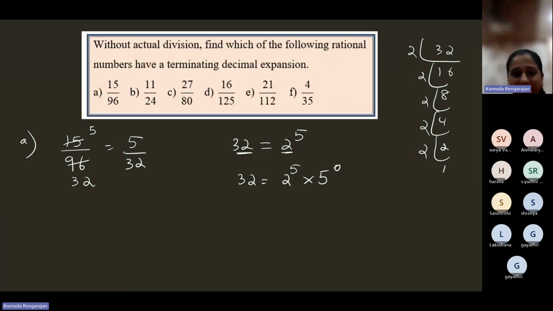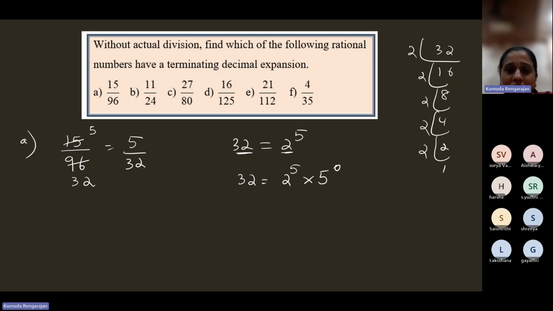I am just showing the presence of 5 like that. 5 to the power 0 is nothing but 1. So 32 can be expressed in the form 2 to the power m into 5 to the power n, where m and n are whole numbers.